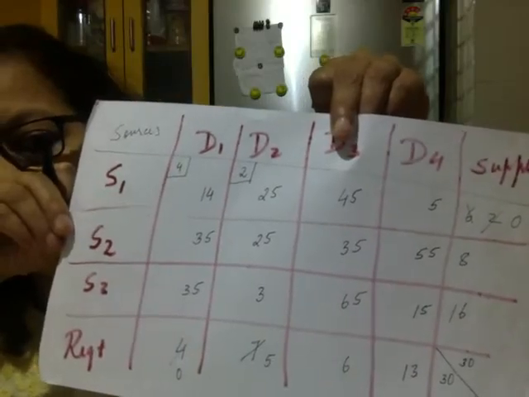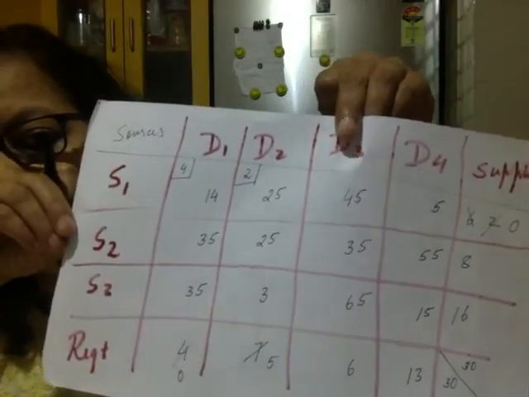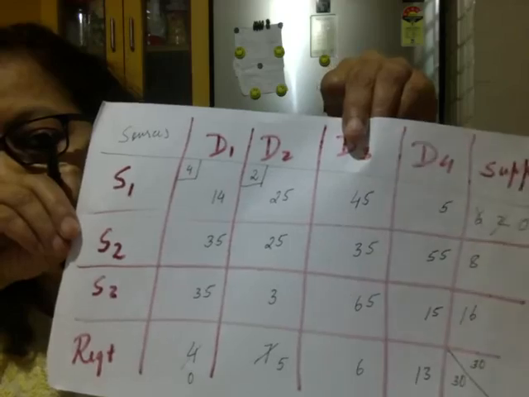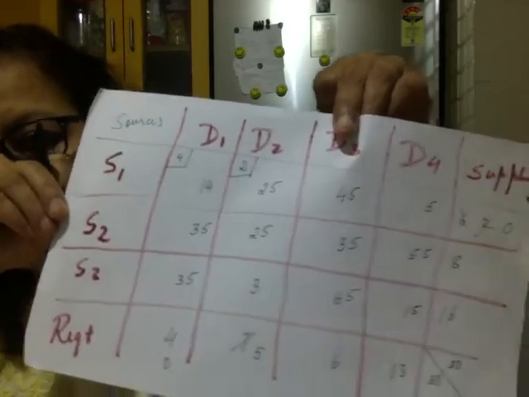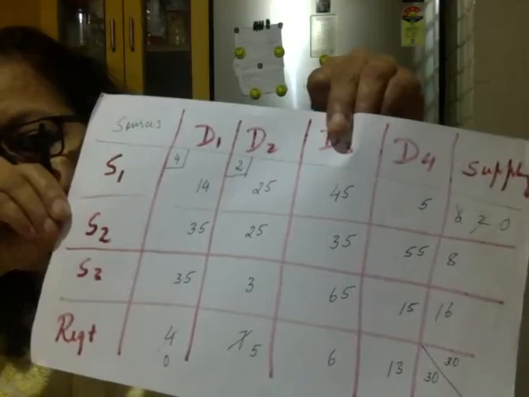You can make a new matrix with D2, D3, D4 and S2, S3, but I'm not going to do that. I'm going to continue. Okay, now we come to the next row. In the next row, we have S2 with a supply of 8. D1 does not require anymore, so we go to S2.